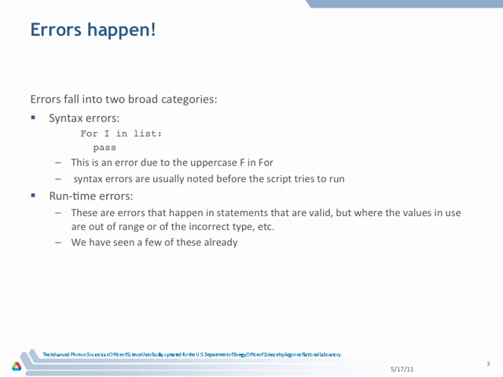But more common is where we do something that Python will not allow in the course of our computation. Okay, so the statements themselves are valid, but what we've asked the computer to do is not.